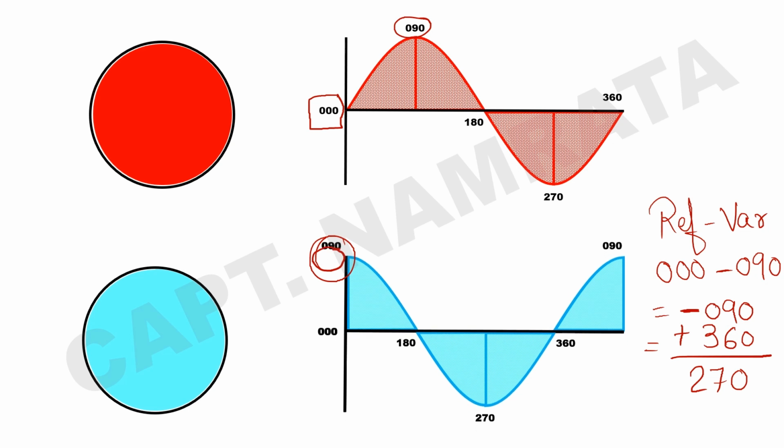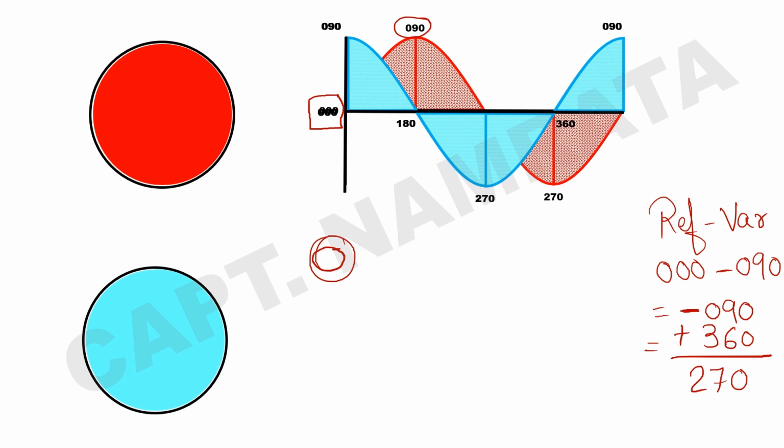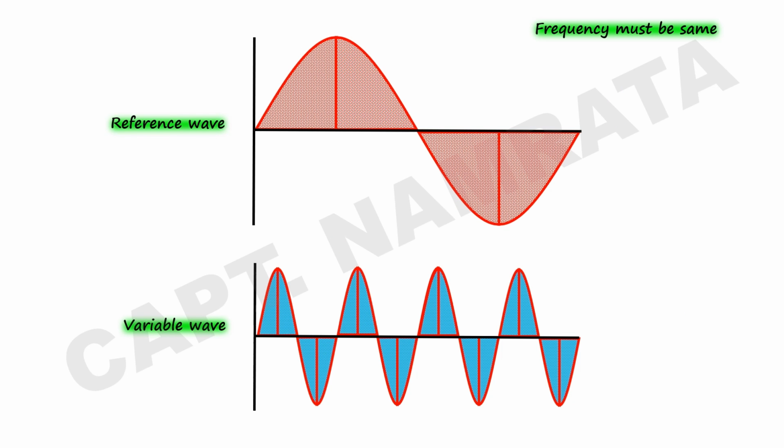Now when we overlap these waves, we can see that crest and the other crest are not matching, or troughs are not matching or aligning. To calculate phase difference, frequency must be the same. In the case of the reference wave, we have only one crest and one trough, so the frequency will be 1 Hz.